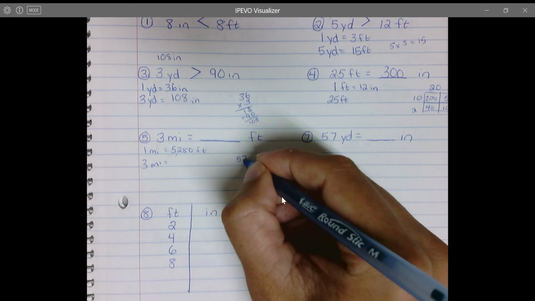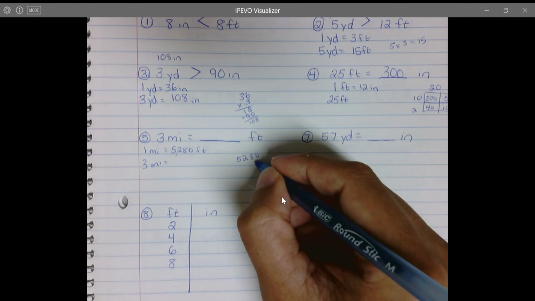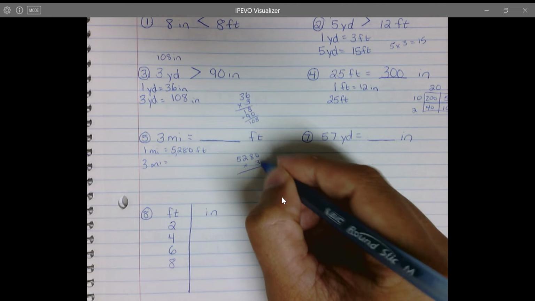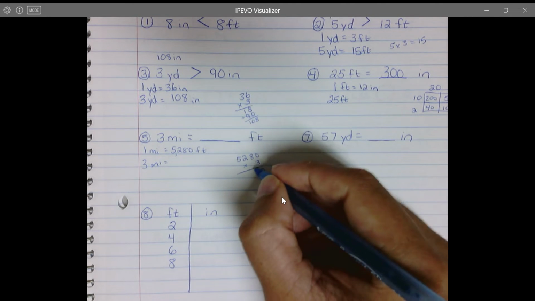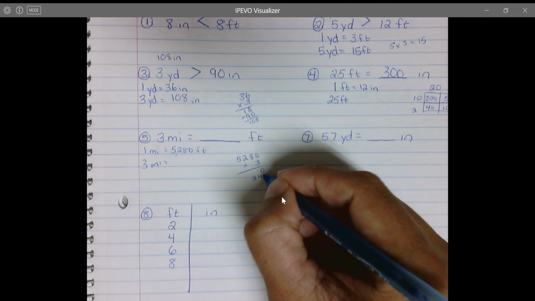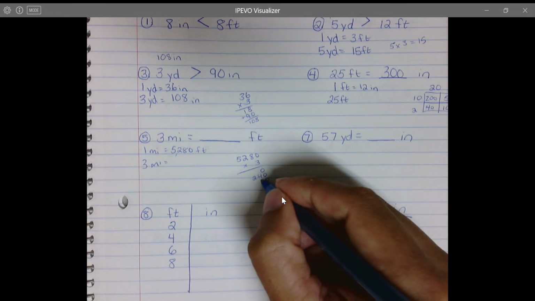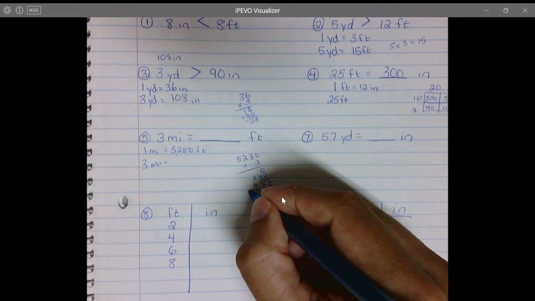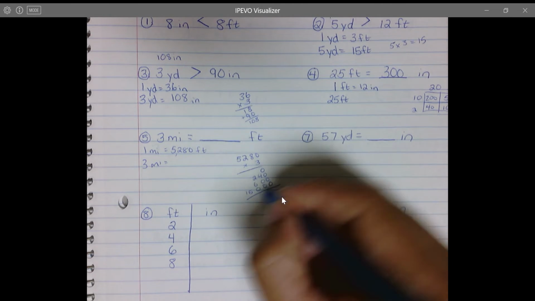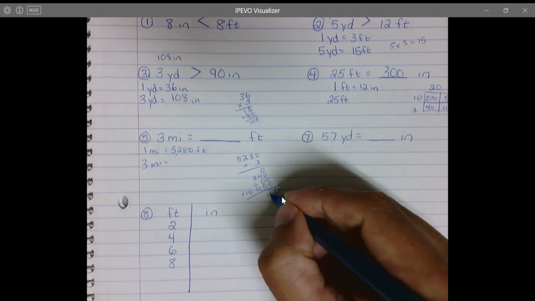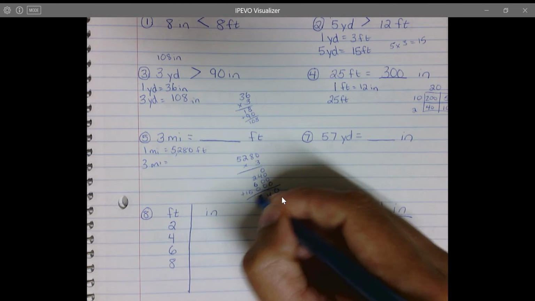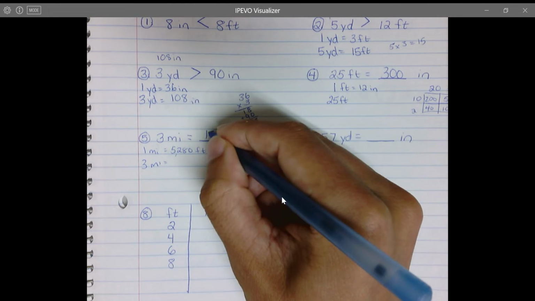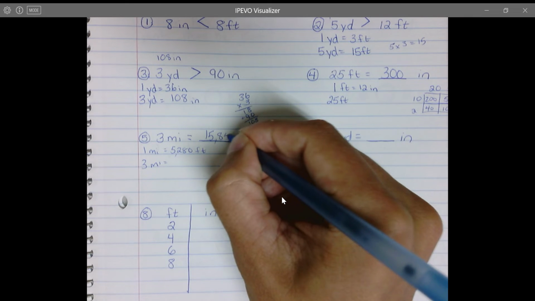So doing that on the side, 5,280 multiplied by 3. 3 times 0 is 0. 3 times 80 would be 240. 3 times 200 would be 600. And 3 multiplied by 5,000 would be 15,000. Now if I add all of these partial products, I get 15,840 feet.